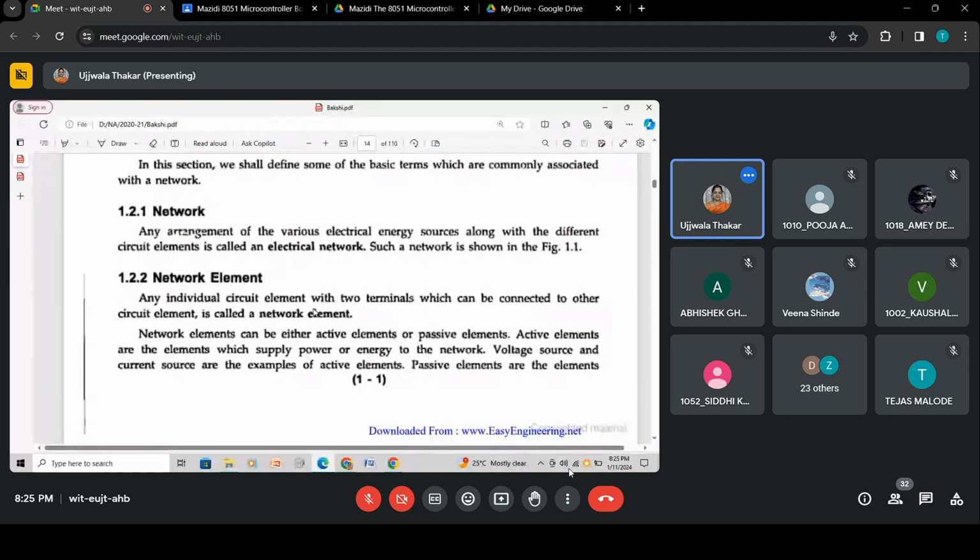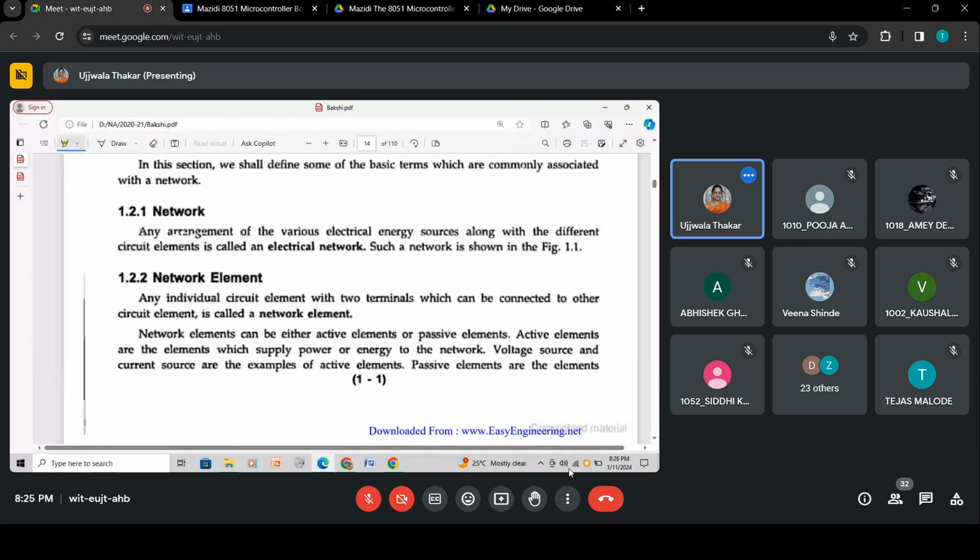So an arrangement of the various electrical energy sources along with different circuit elements is called an electrical network. Let me highlight.